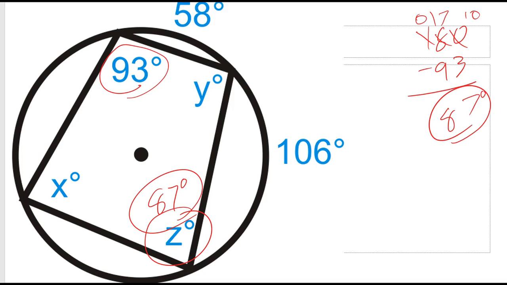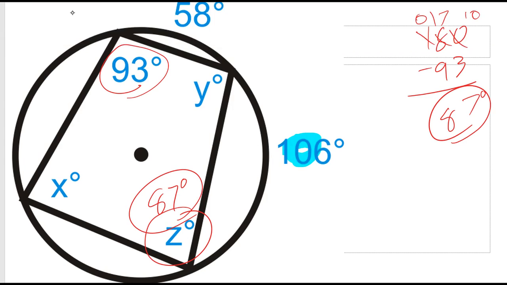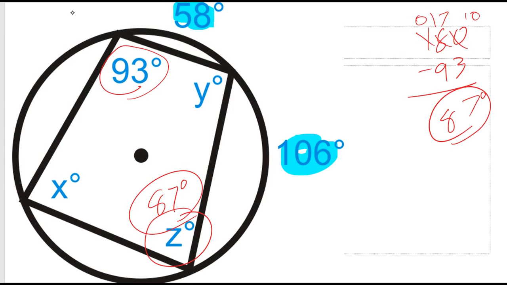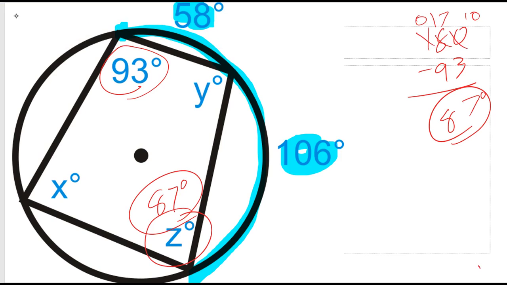Now I cannot use that theorem again because my opposites are X and Y. But if we notice this, check this out. I know these numbers here. I know 58 and 106. That means from here all the way over here will be the sum of that. So let's find the sum. 58 plus 106, that means the whole blue is 164.